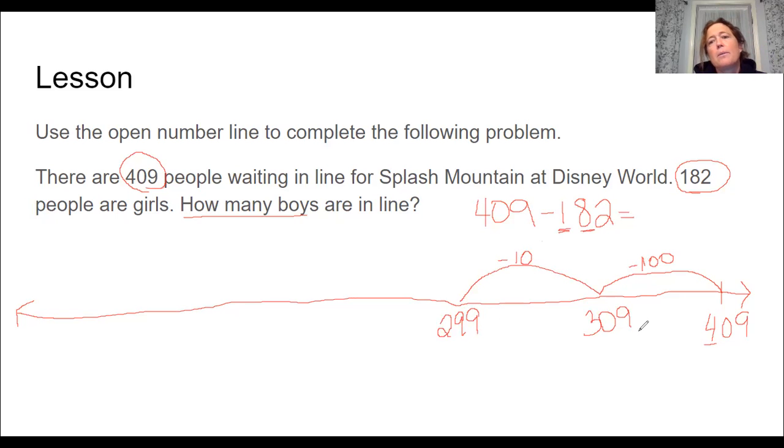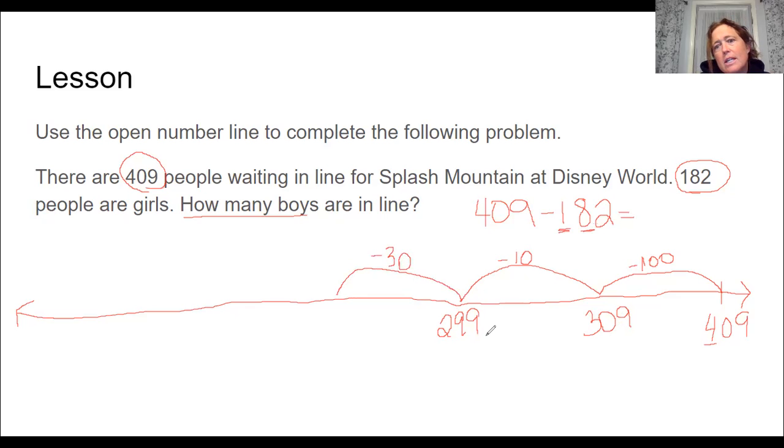So 299, now that we've passed that hundreds, is a little easier to then subtract the rest of the 80, which is 70. But it's still not terribly easy, so I'm not going to subtract the whole 70 at one time. So I think I'm going to subtract 30 first.